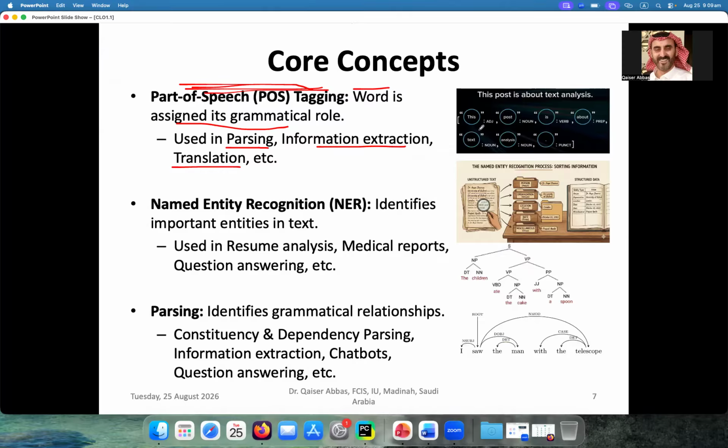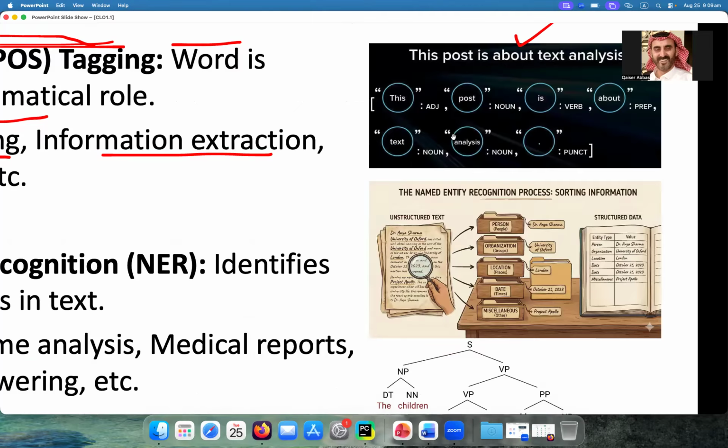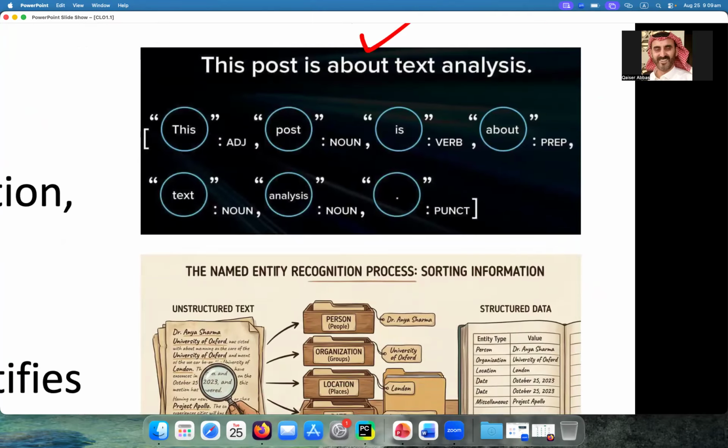First see all these, and then I will come to these pictures. This is the picture for part of speech tagging. Have a look at that. For example, the sentence is: this post is about text analysis. This is an adjective. ADJ means adjective. This adjective is now a tag, a label for this word.